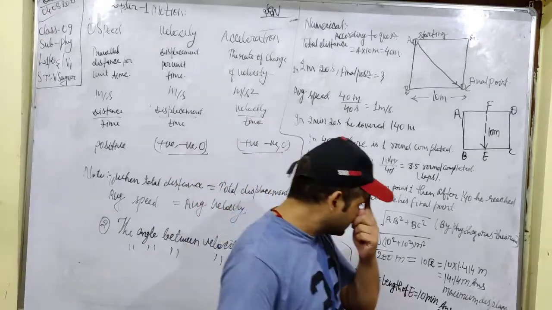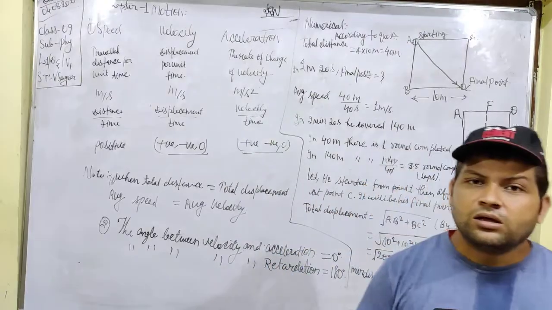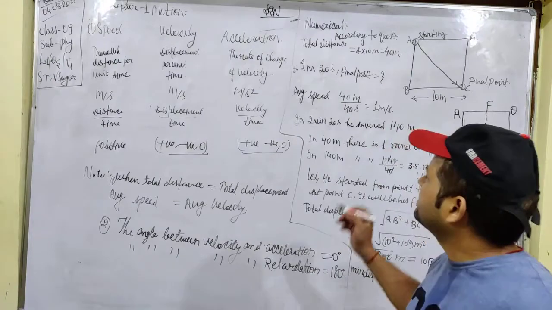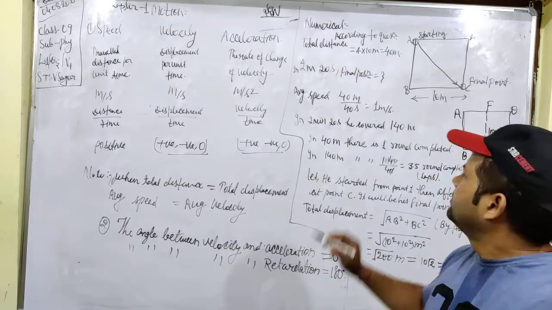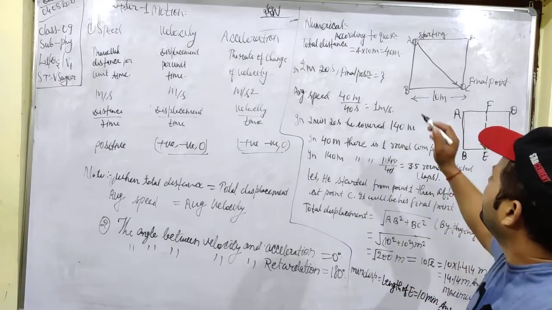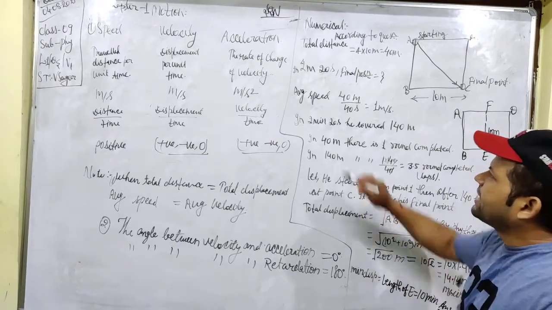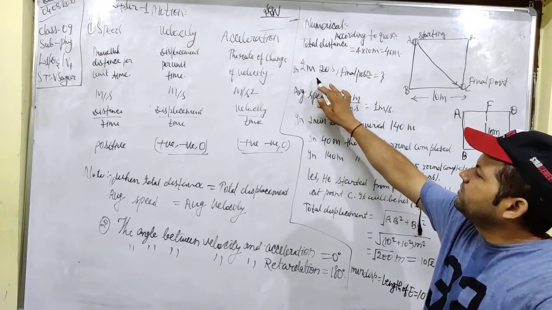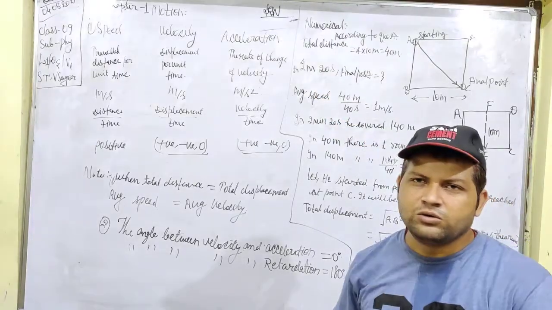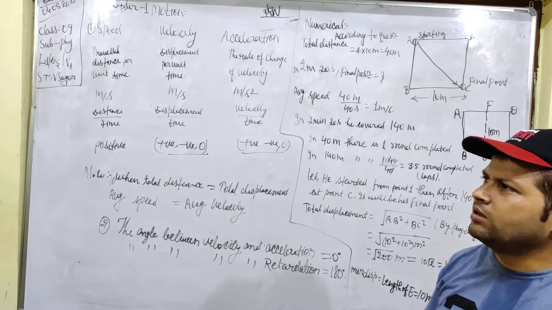Then what is the displacement? Here we have to find the displacement. The side of the square is given as 10 meter and the time is given as 2 minutes 20 seconds. You should keep it in mind.